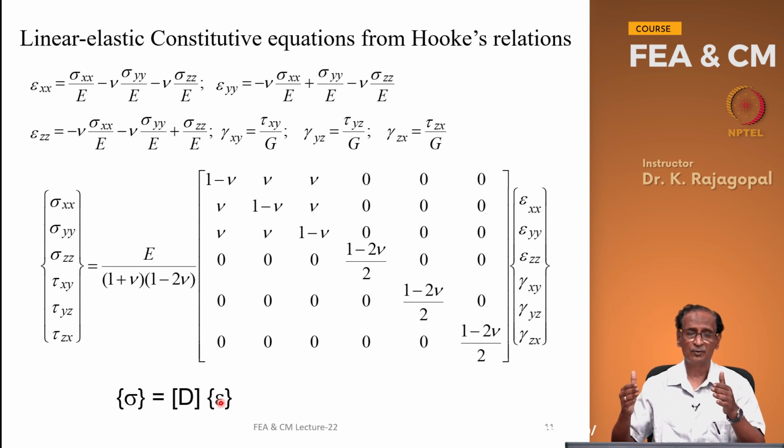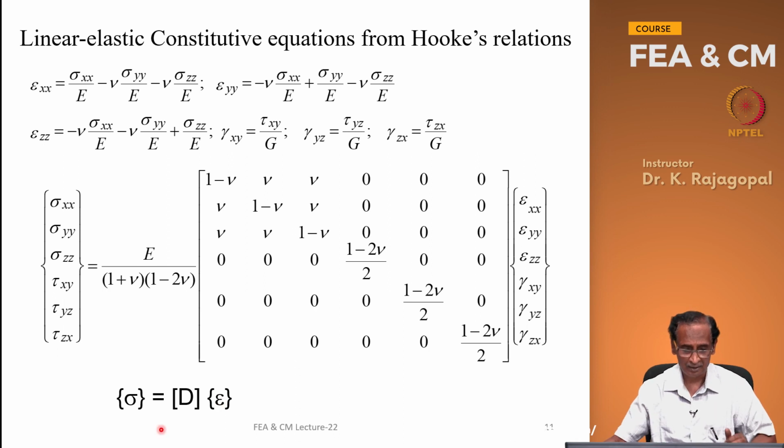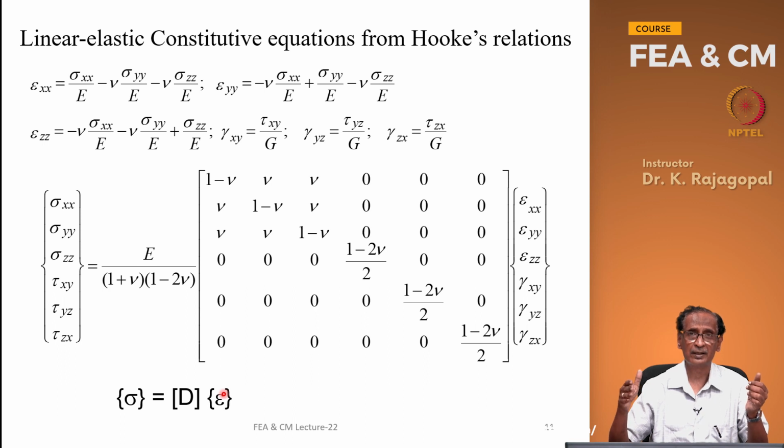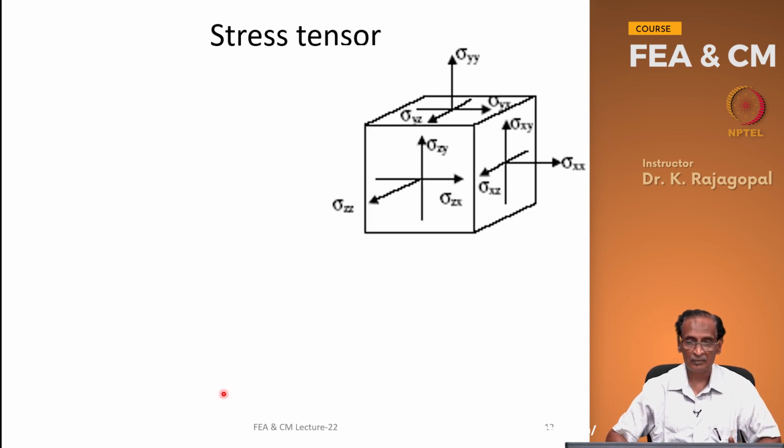From the displacements we get the strains, and from the strains we can get the stresses through the constitutive equations. And the relation between the strains and displacement is through our compatibility equations, that is epsilon xx is dou u by dou x and so on.